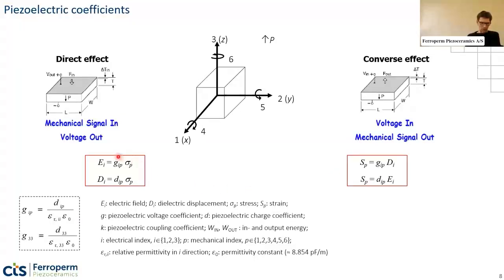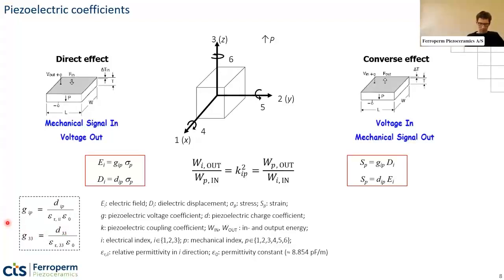There's a relationship between these 2 coefficients that I mentioned, the G and the D coefficient, and in the case of G33 and D33, it's simply the relative permittivity in that direction that is used to convert from D to G.